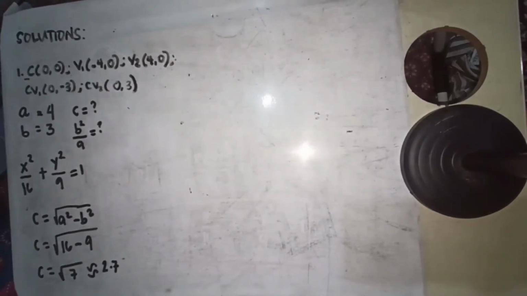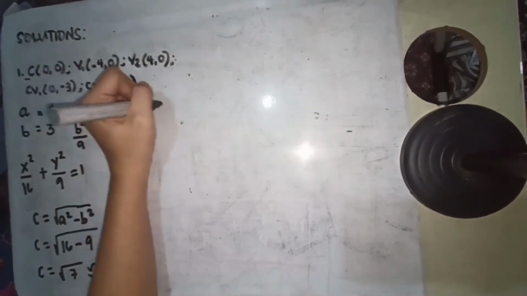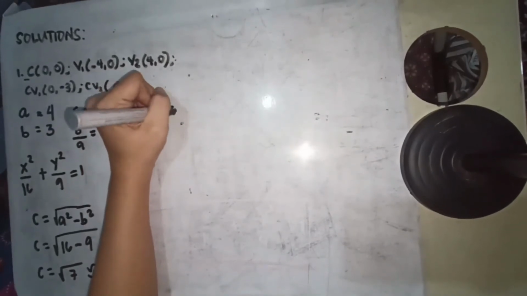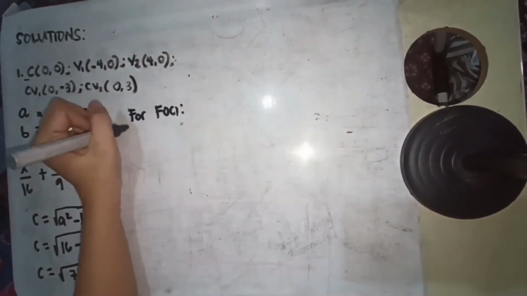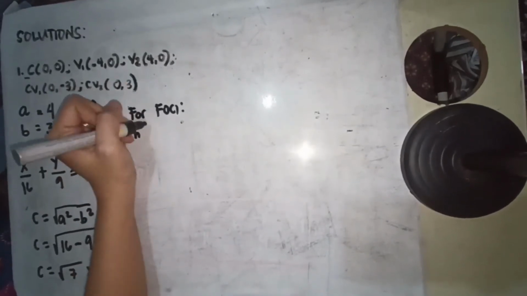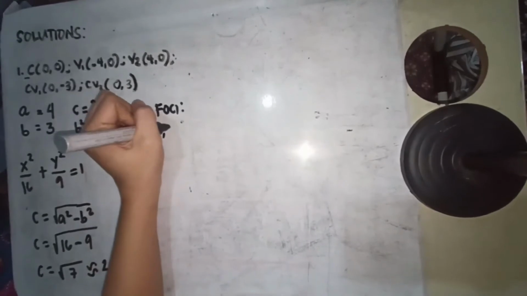So for our foci, remember that our ellipse is horizontal, di ba? Remember that the coordinates of our foci in horizontal ellipse, we have h plus minus c and k.